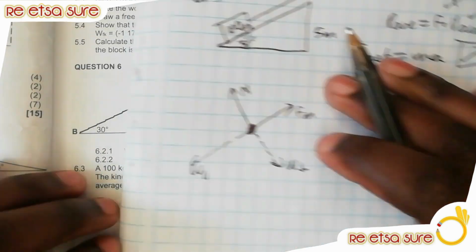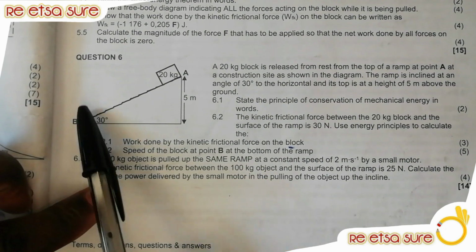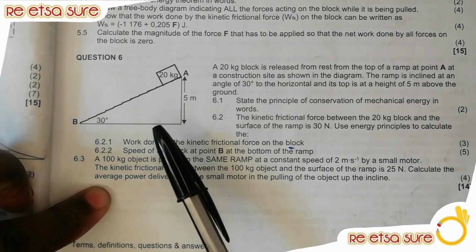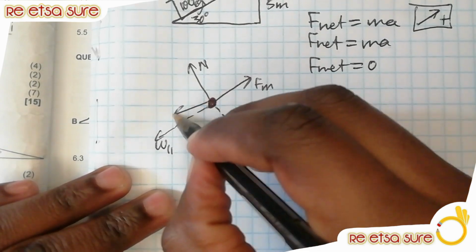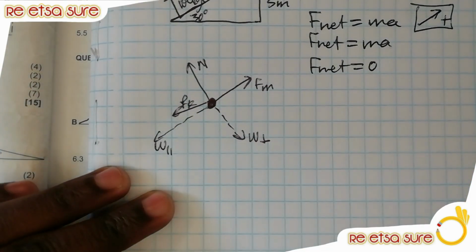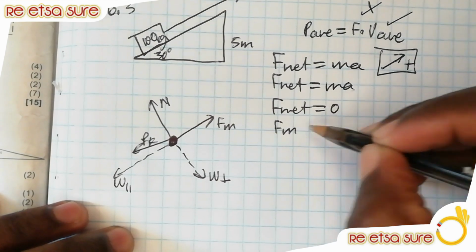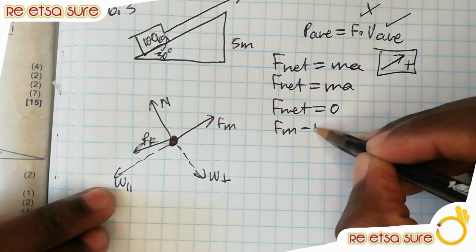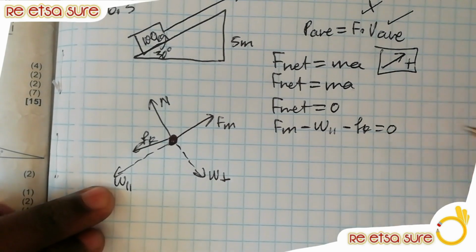Then our object is being pulled up the same ramp, so the direction of friction is this way. Up the incline is positive, so we have force delivered by the motor minus W parallel minus frictional force is equal to 0.